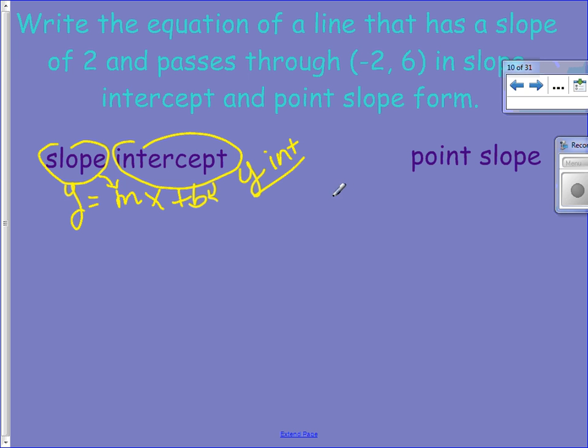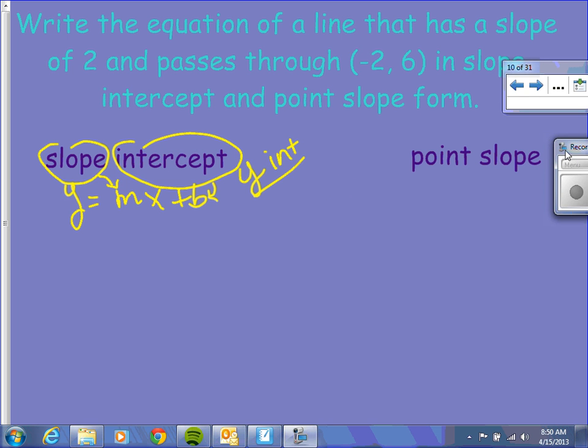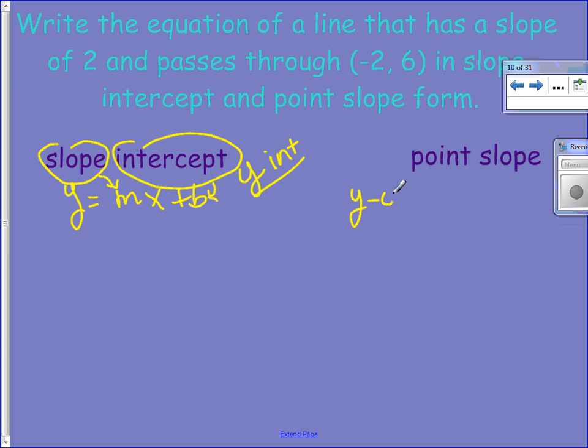Okay? Point slope formula. Can somebody give it to me? Y minus y1 equals m times x minus x1. The reason why it's called point slope is because I have a point here, and then I have my slope.